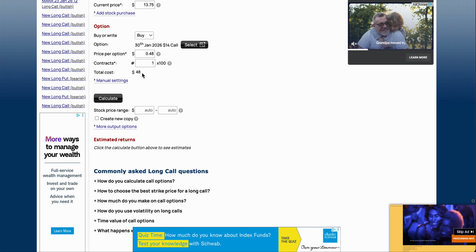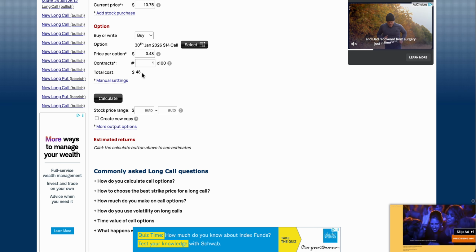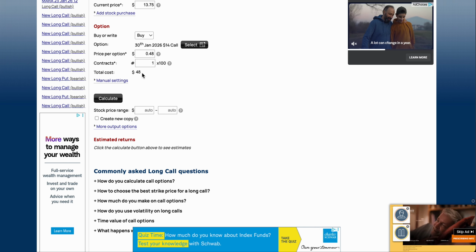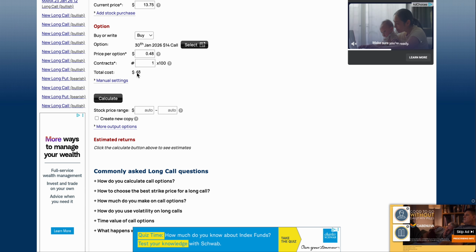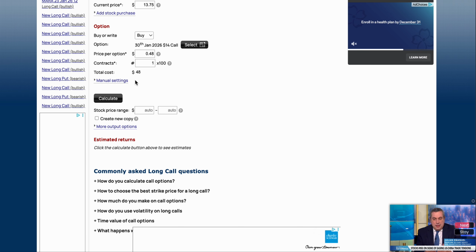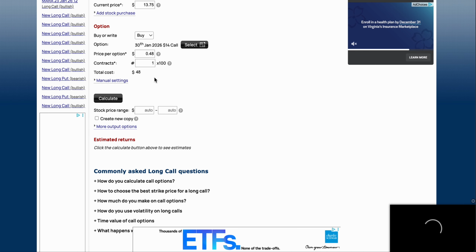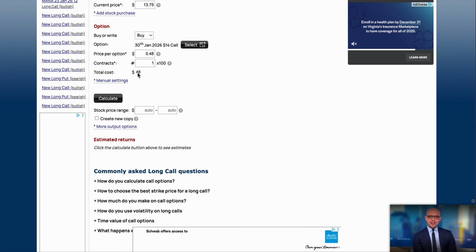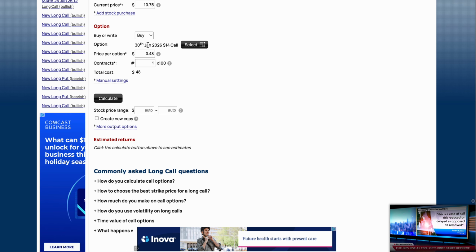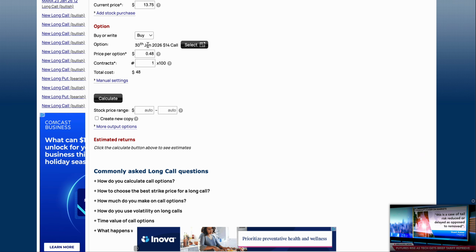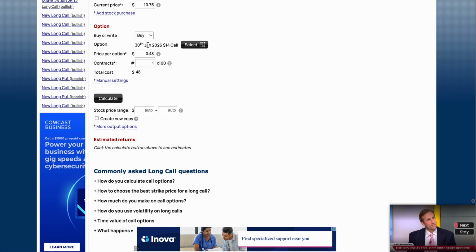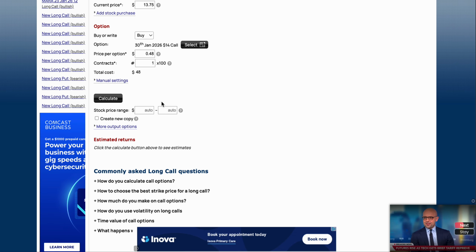But I try to use 1 to 3% of my account, which is roughly 100 to 300 bucks. That way I can build multiple trades. I'm always looking for tickers that have options contracts that cost $50 to $100 for a 2-month expiration, just so I can add more contracts and have different take profits. So I have TP level 1, 2, 3, which you'll see here in just a second.